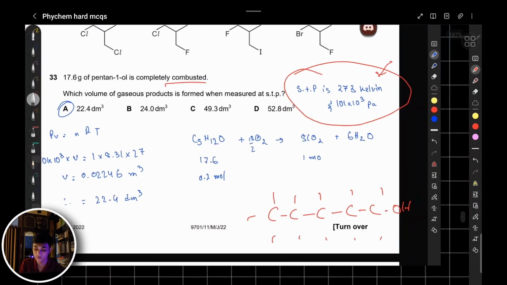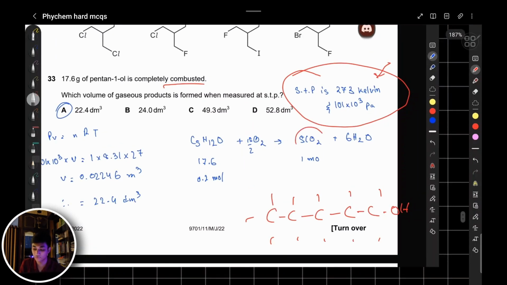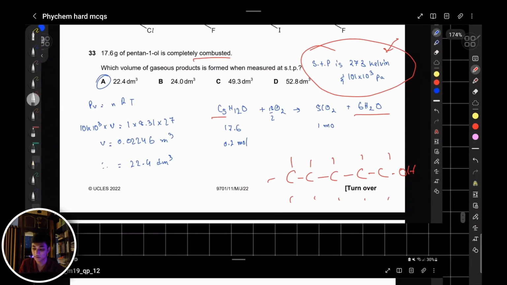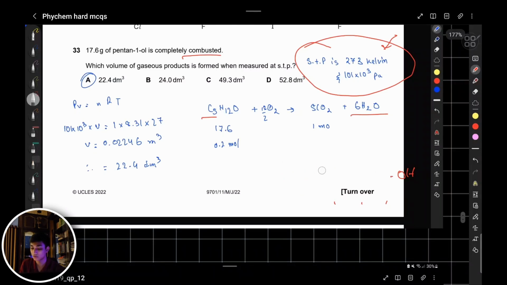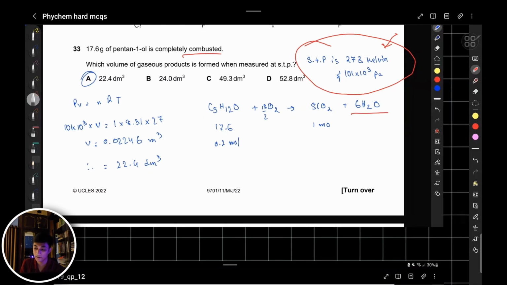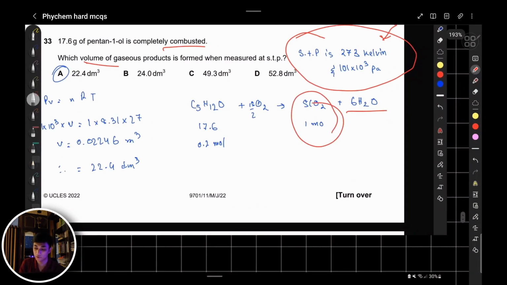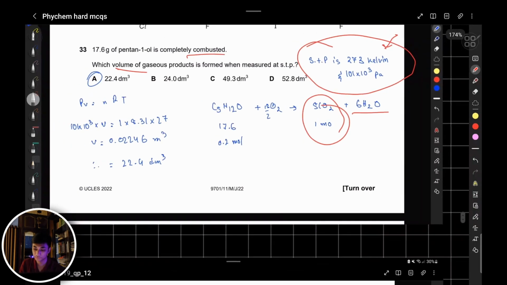It is combusted, so it reacts with O2 and it forms 5 CO2 to balance 5 carbon atoms, and you have 6 H2O. Since it's a combustion reaction, water will be produced. After you have balanced, this is what the balanced equation looks like. And which volume of gaseous product? The gaseous product is going to be CO2.